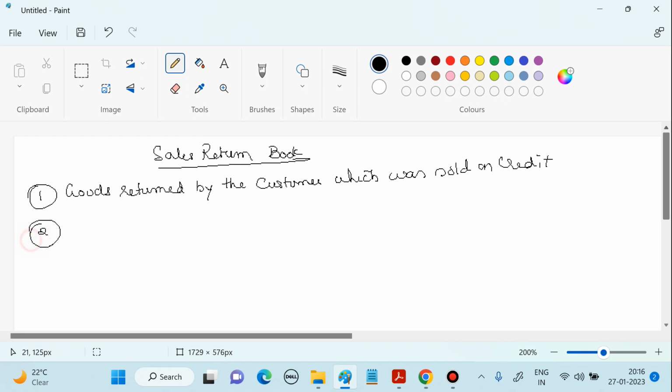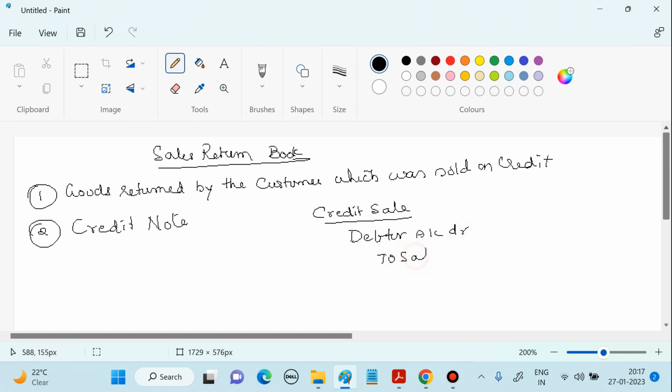Only the goods which are returned, which are related to the credit sale, would be recorded here. And here again, the important underlying document which forms a basis from which we get the details to make the entry in the sales return book is called a credit note. To understand why we call it a credit note: when there is a credit sale, what is the journal entry that we pass? Debtor account debit to sales. Very good.